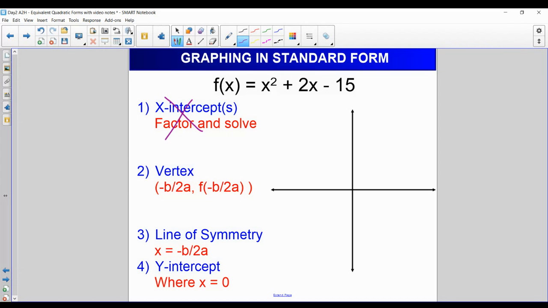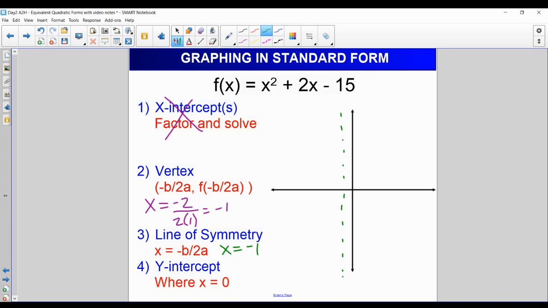So if I wanted the vertex, I would do x equals the opposite of b, so negative 2 over 2 times a, which is 1. So I would just get negative 1. That is telling me that I have a line of symmetry at x equals negative 1.